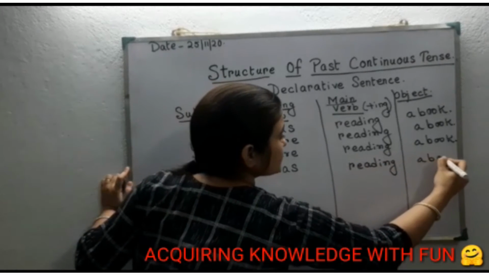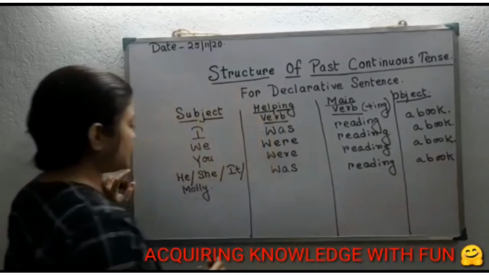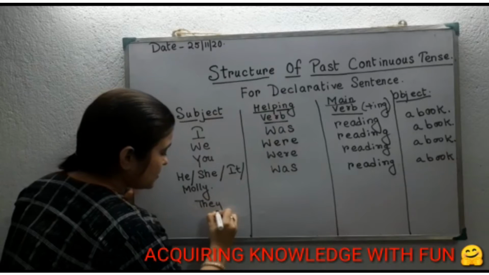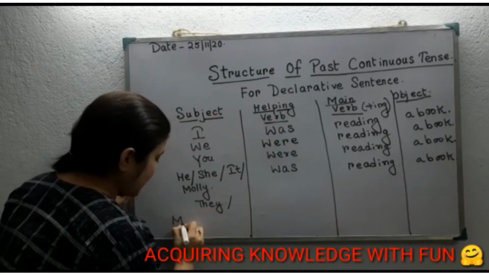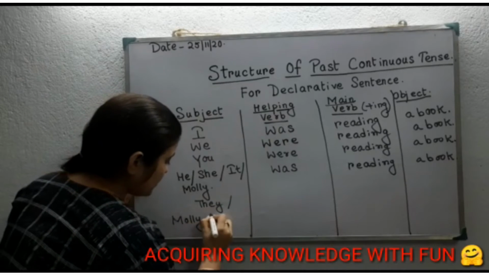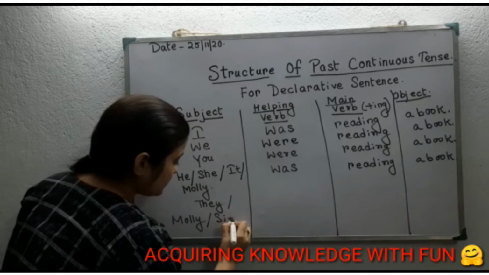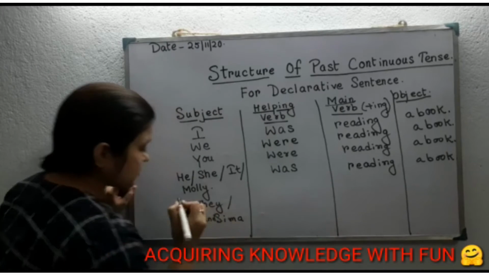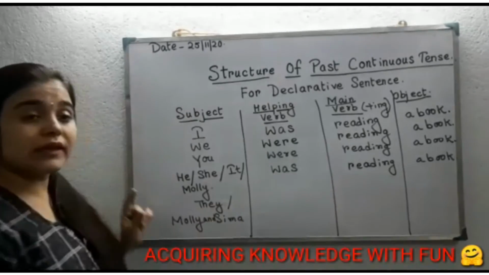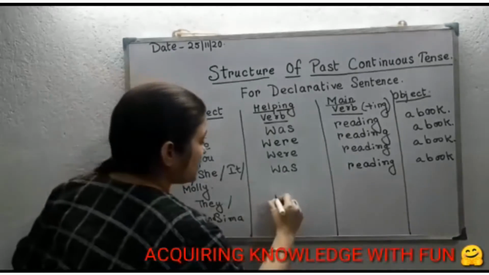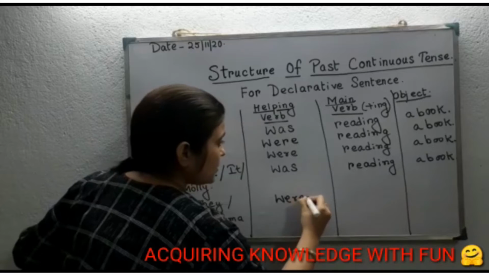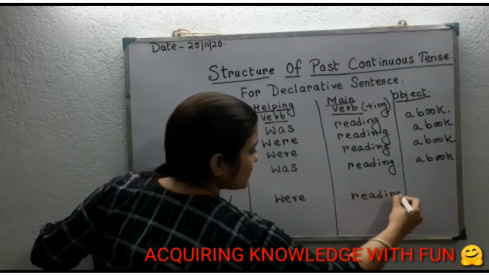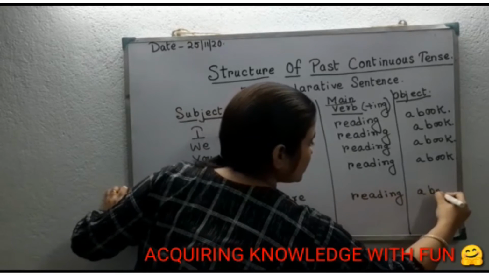Understood? Yes, ma'am. Next, they or plural names like Molly and Seema. Okay. So they were. Very good. They were reading a book.